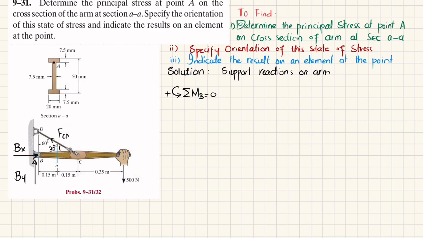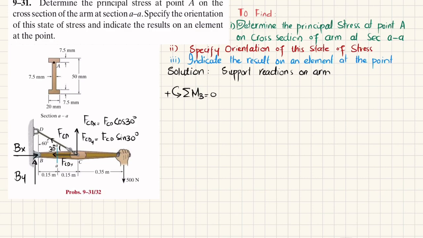Okay, so this FCD will have two components. One is along the x-axis, which is the FCD x component, and the other one is the y component, which is FCD y. The FCD y component will be equal to FCD times sine of 30 degrees, and FCD x will be equal to FCD cos of 30 degrees.